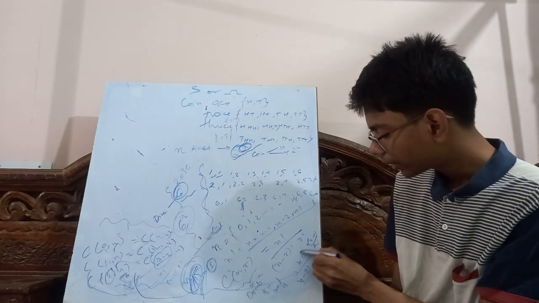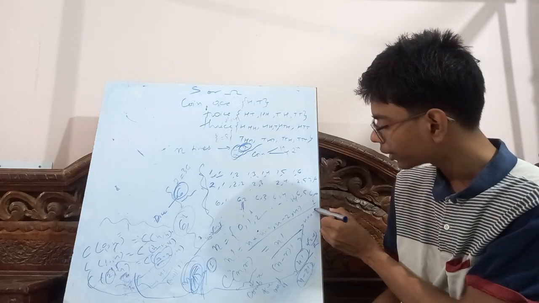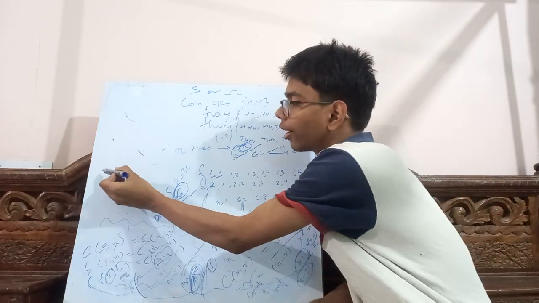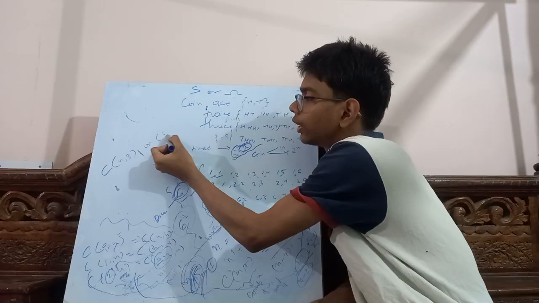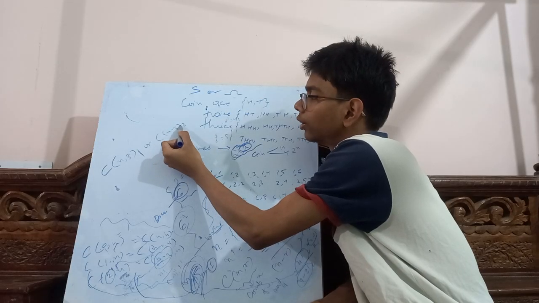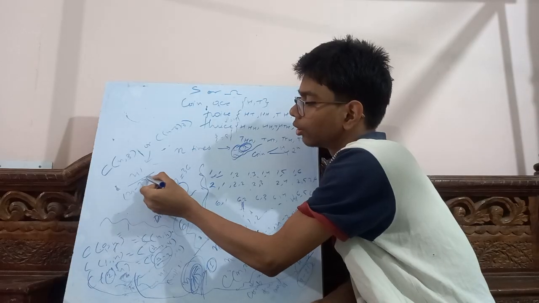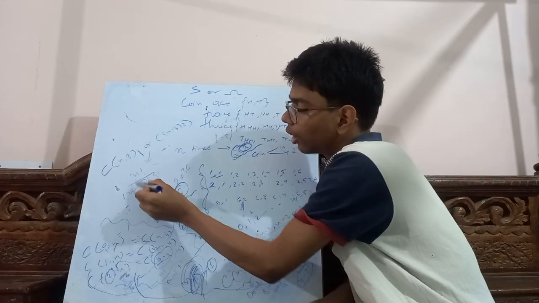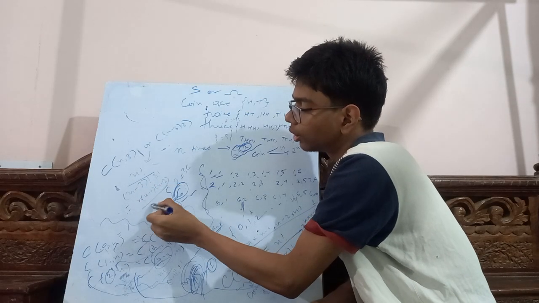This is n factorial and this is n minus 2 factorial, so what is left is n into n minus 1 by 2 factorial, right? Similarly, C n comma 3 is n factorial by (n minus 3) factorial times 3 factorial, which is n into n minus 1 into n minus 2 by 3 factorial, right?